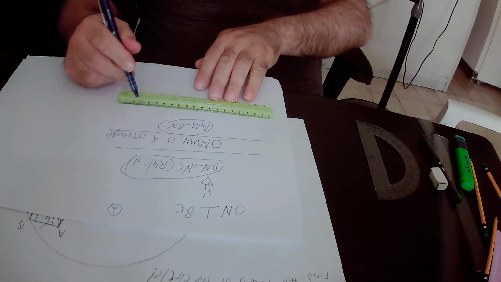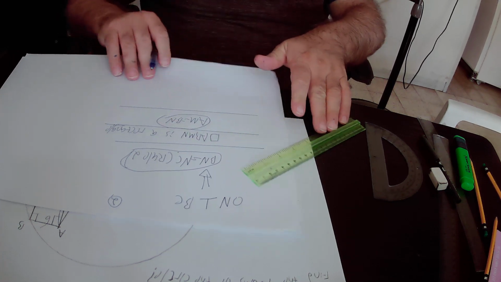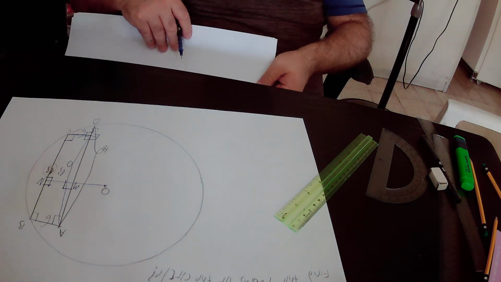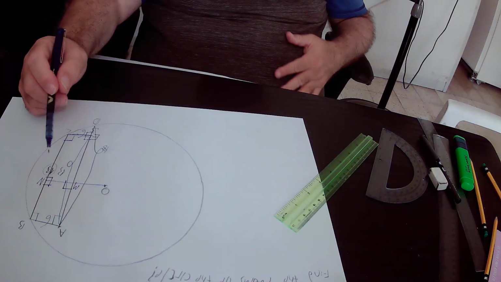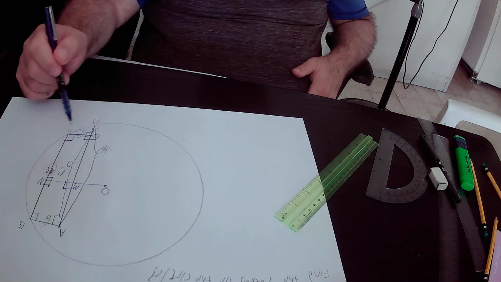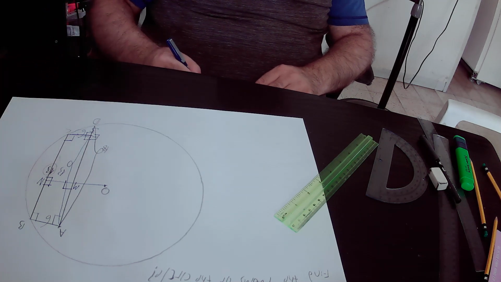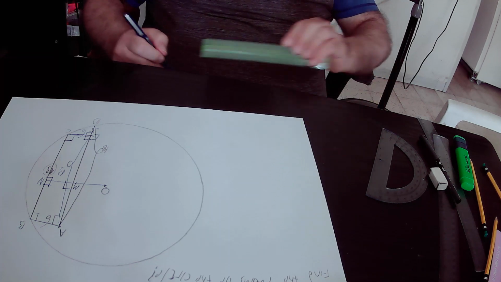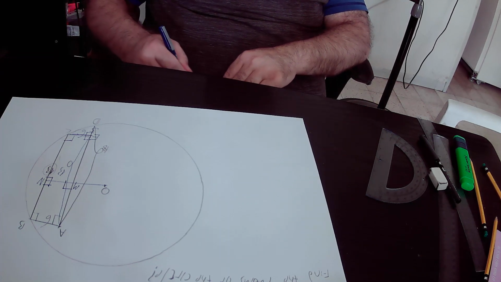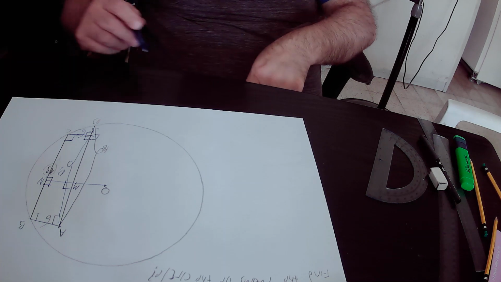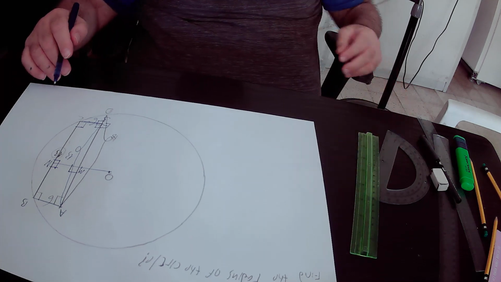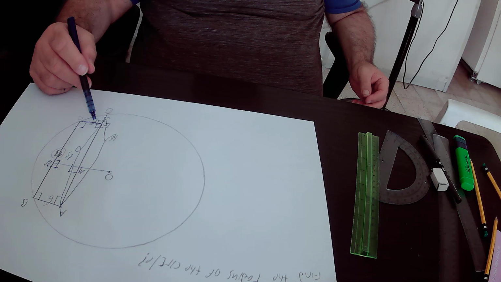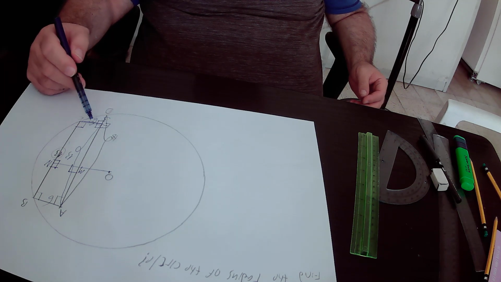Likewise, we'll focus on the lower quadrilateral MNEC. In quadrilateral MNEC, we have 1, 2, 3 right angles.